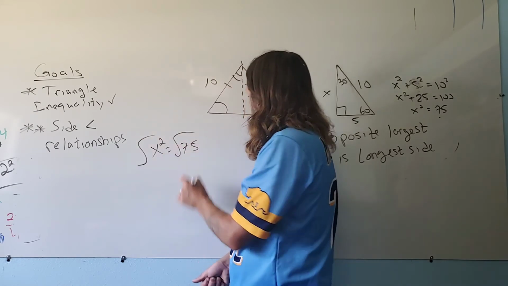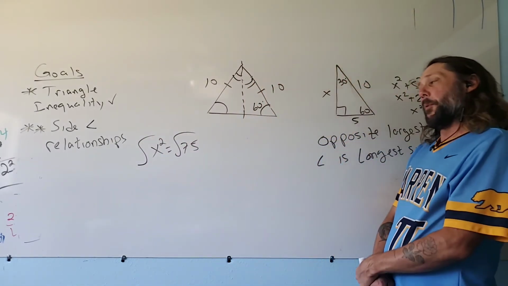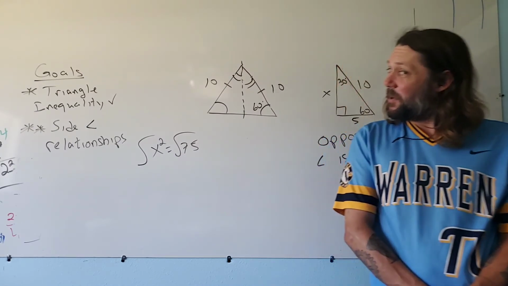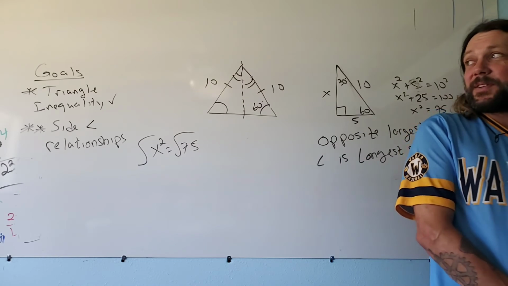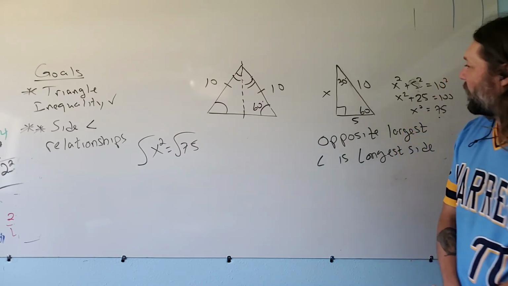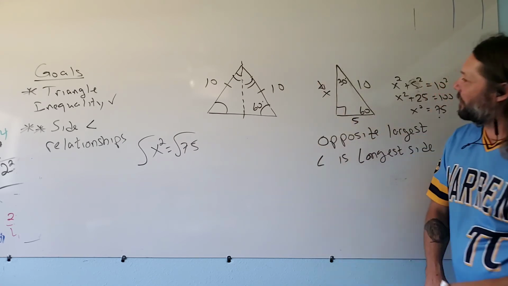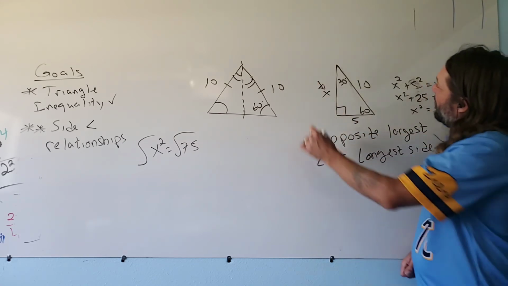So that means that x squared is equal to 75. Square root. Well, I know that the square root of 75 is going to be a number that's bigger than 5, but not as big as 10. So, okay, I know it's bigger than 5.